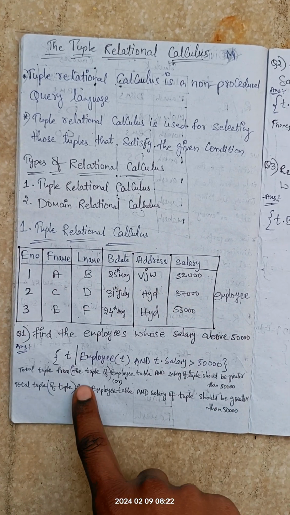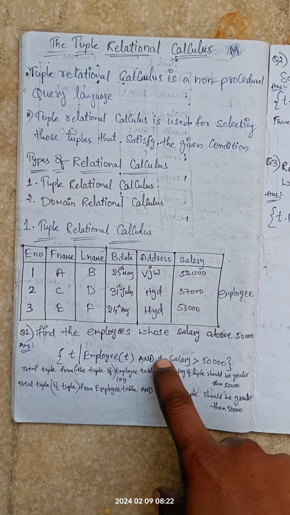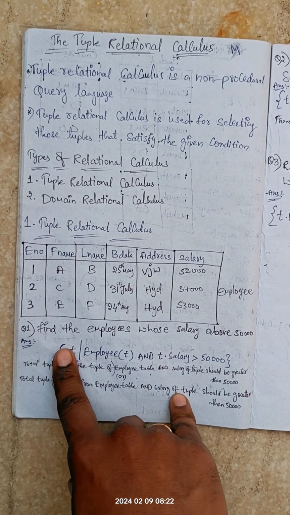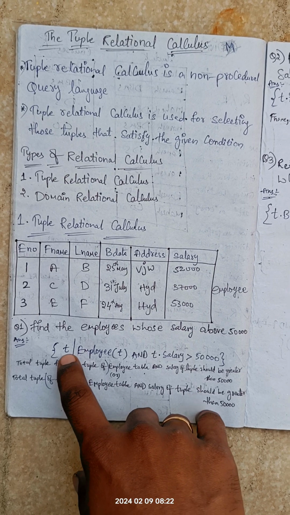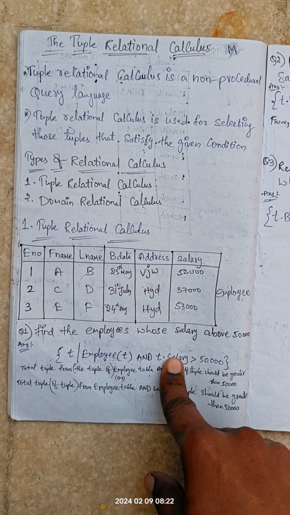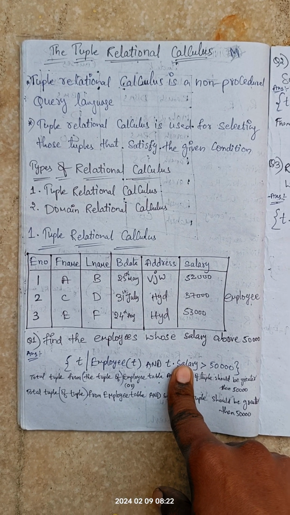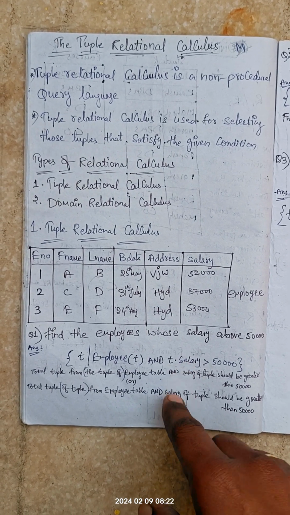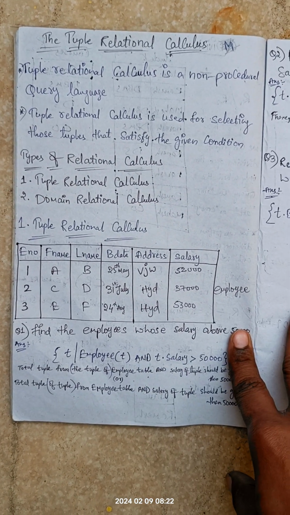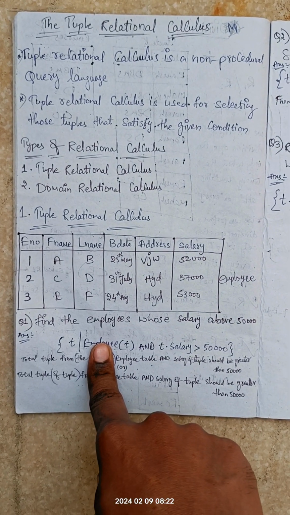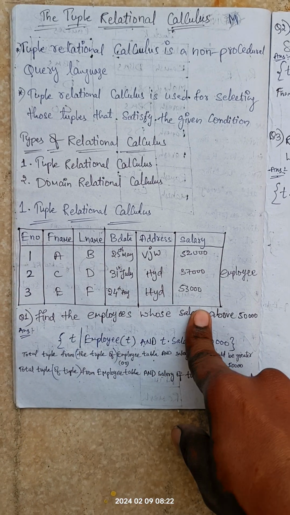If you write the query, it should extract only those employees whose salary is above 50,000. That is the meaning of this question.